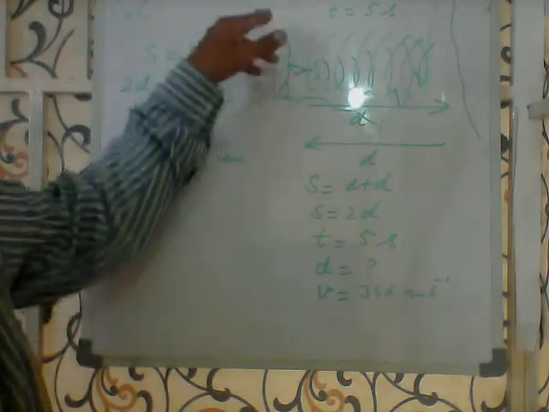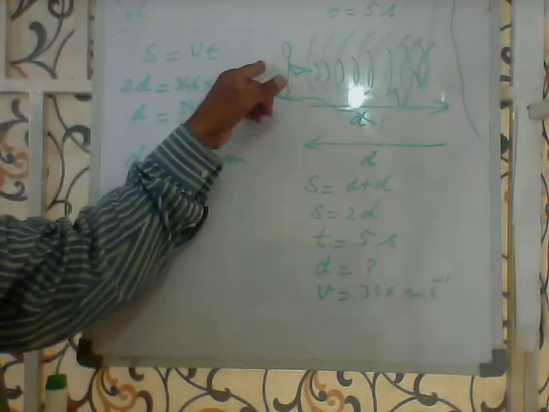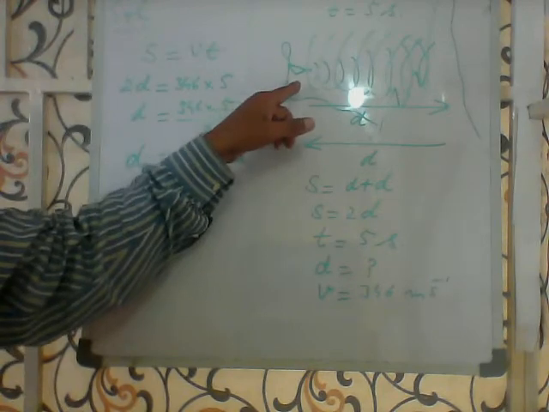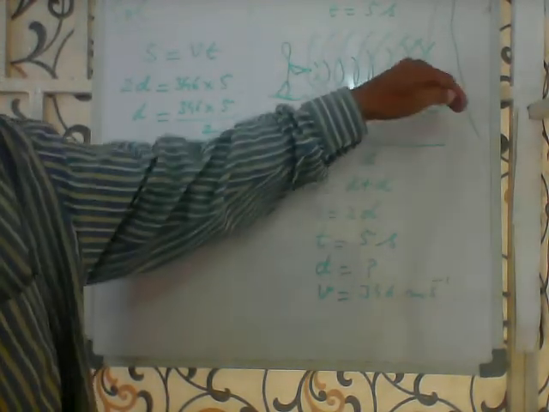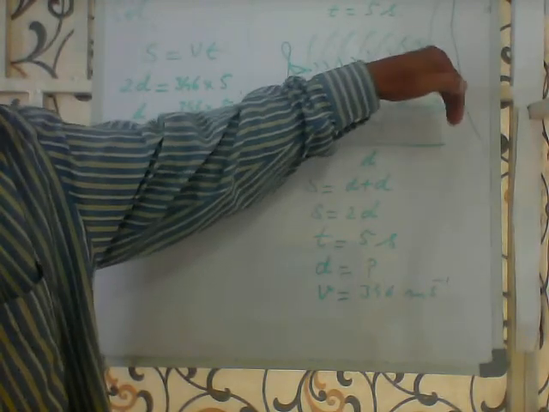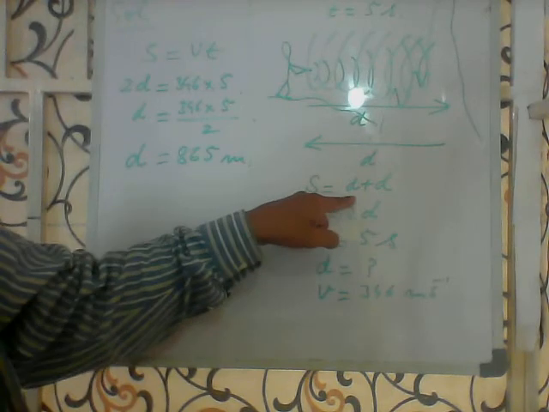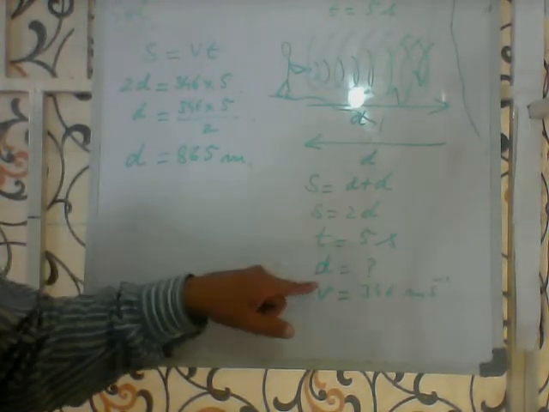A student stands here, he claps, and then hears the echo after 5 seconds. The sound went and covered D distance, hit the cliff, came back, covered the D distance. Total distance S is equal to 2D, and time is 5 seconds.